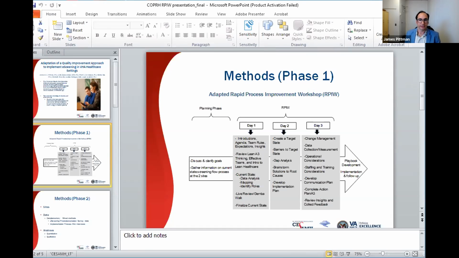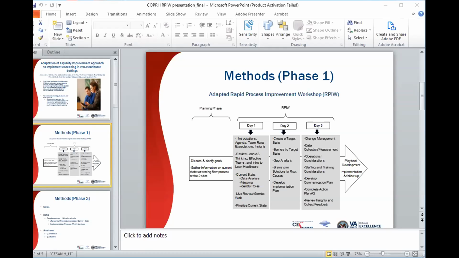So this included a planning phase where we collected information about a variety of different clinical workflows, the RPIW itself, which was shortened to 3 days to finalize the workflow, develop a target state that included e-screening, and include all of the steps and considerations that we thought as a group were necessary for success.